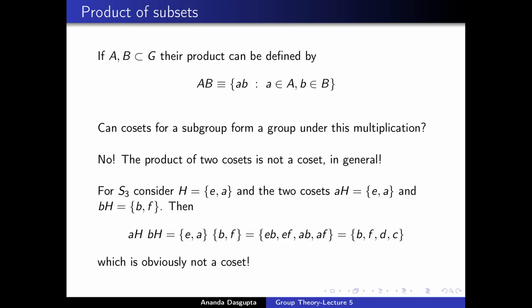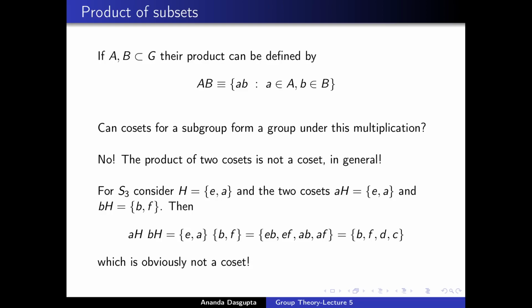Now this is a bit of a disappointment. Note that our actual aim here is to club elements of a group together, that is, partition the group into unique pieces and try to define a multiplication rule between those pieces in a natural way. Now since cosets are equivalence classes with respect to the equivalence relation congruency modulo a subgroup, they provide us with a very nice way of partitioning the group.